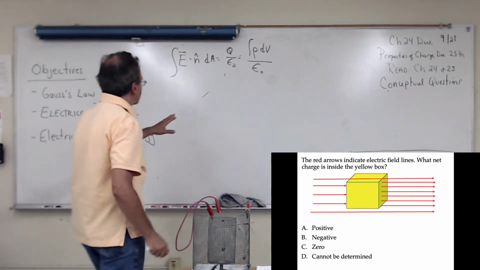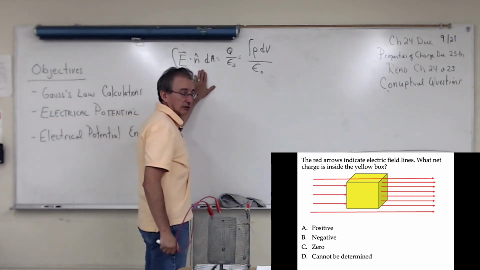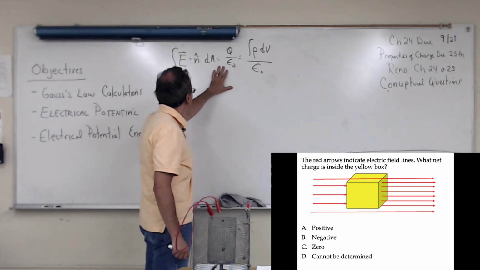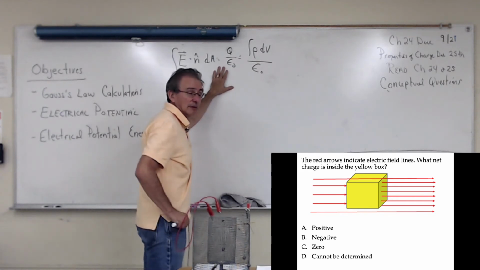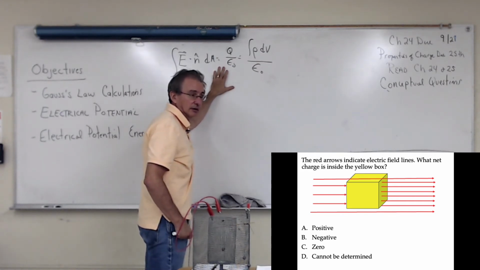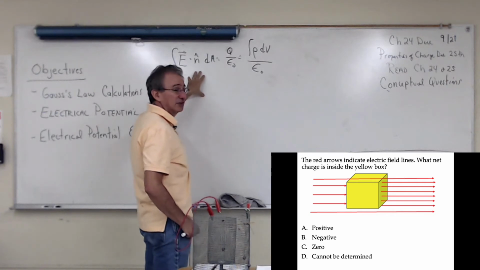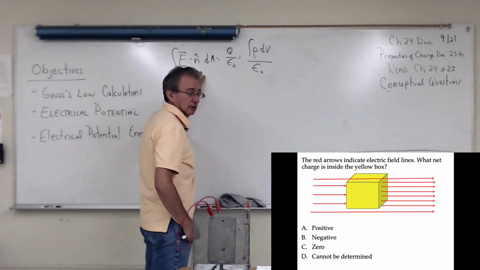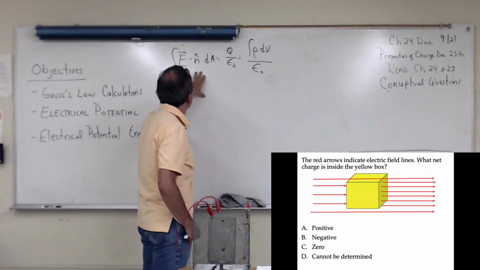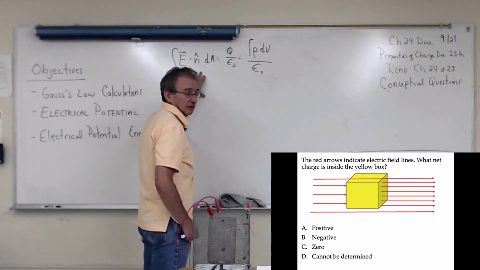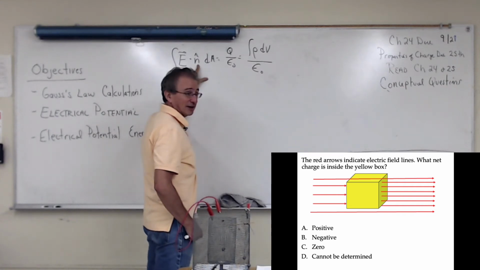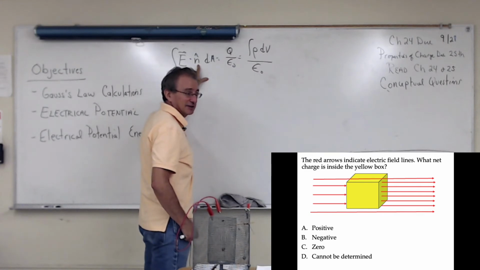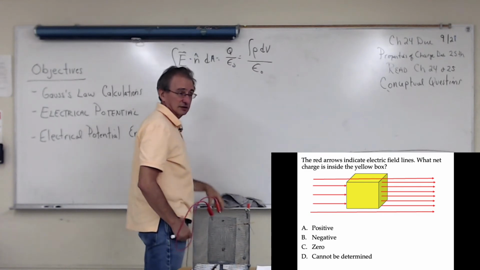And that represents this integral. That integral is equal to the total charge enclosed over epsilon naught. And if you have a net flow out of the box, which we have here, and n is, remember n is directed out of the box, that means we have a positive charge.